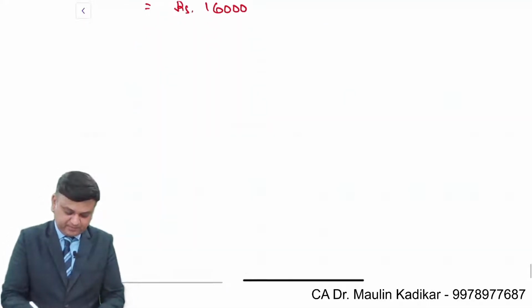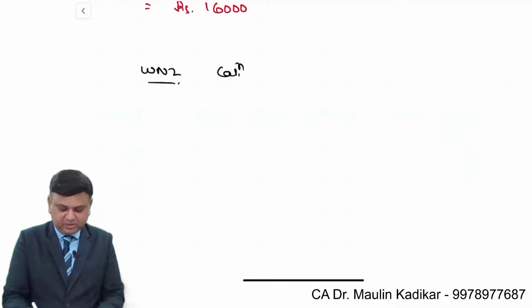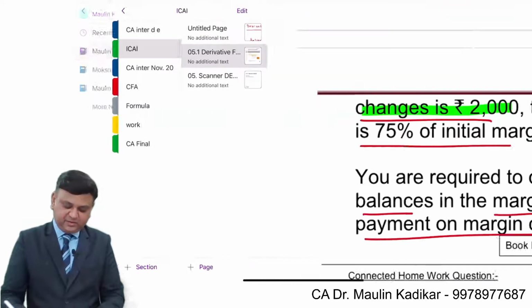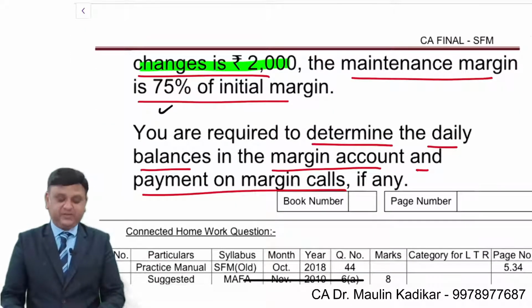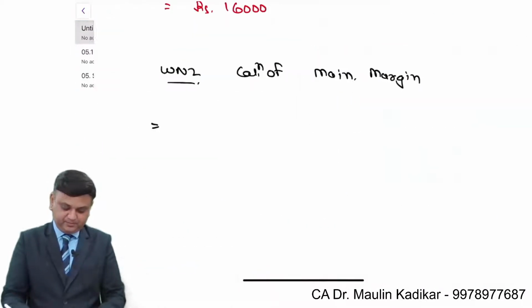Second working note, which is important here, is calculation of maintenance margin. The information given to us is that maintenance margin is 75% of the initial margin.